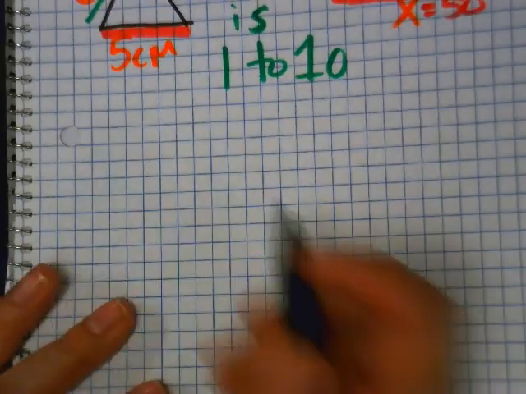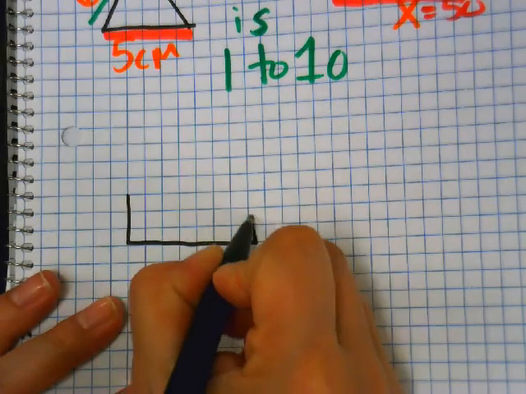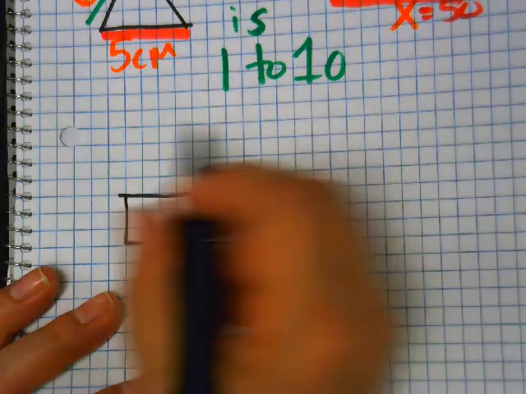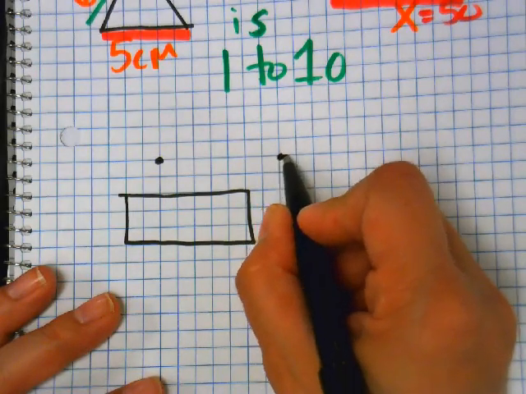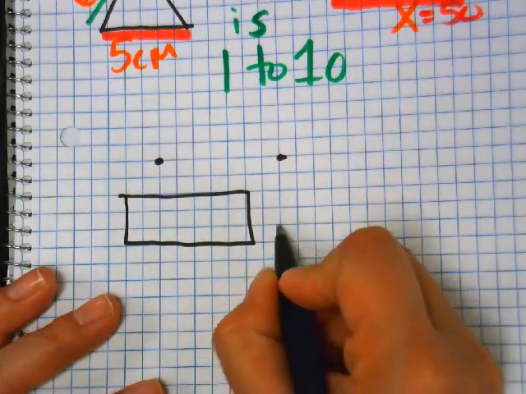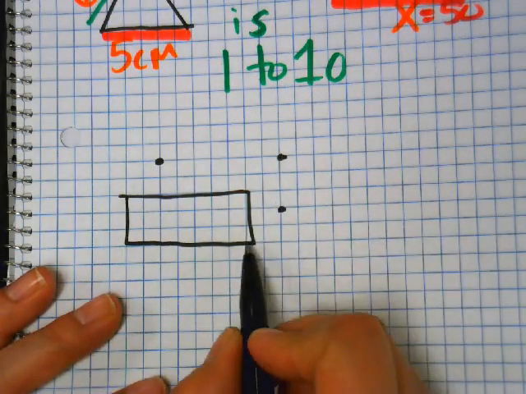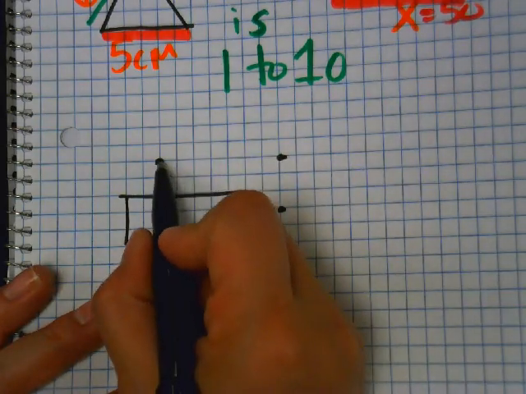All right, now let's draw a rectangular prism. Here's my rectangle. 2 over, 2 up. 2 over, 2 up. Okay. Then I connect these two dots on the top.